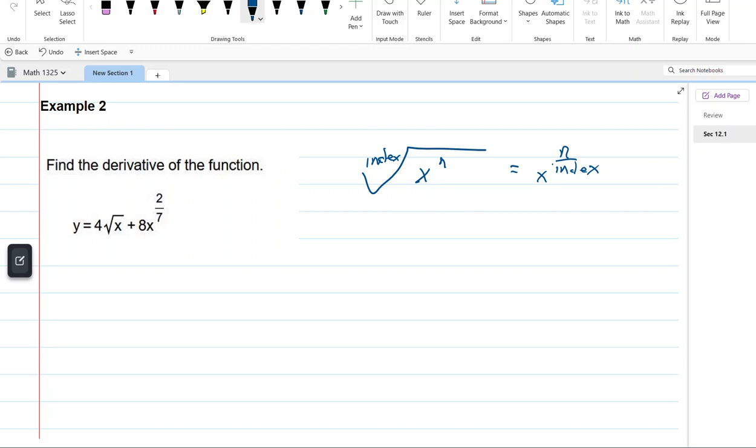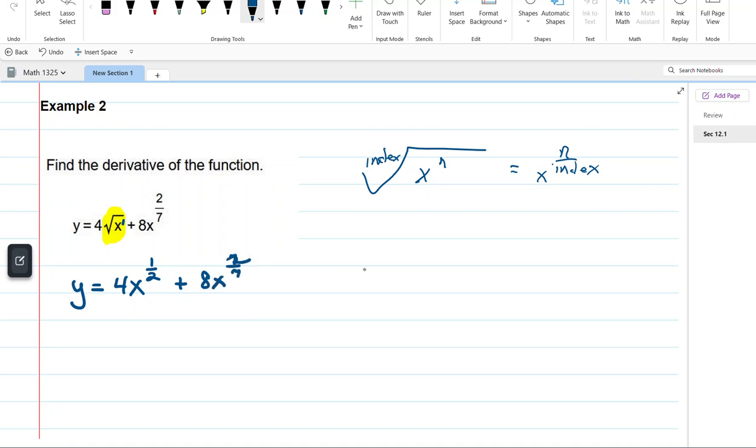So we've converted it into an exponential. So we have this here, and that one is already prepared. y equals 4x to the 1 half, where the exponent is 1 and the index is 2, plus 8x to the 2 sevenths.